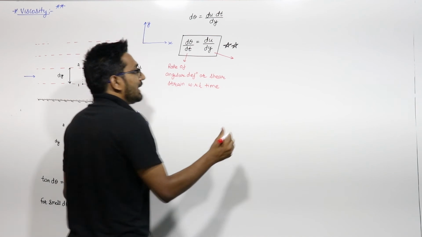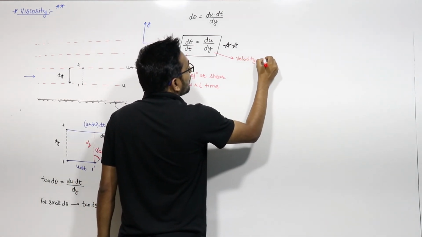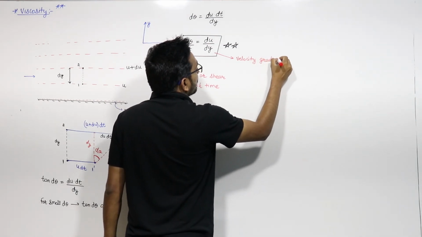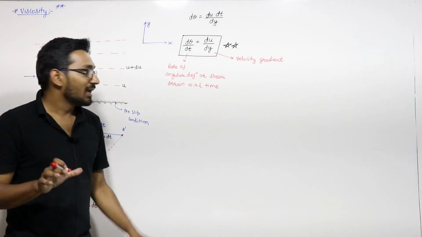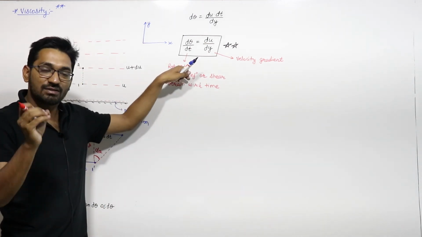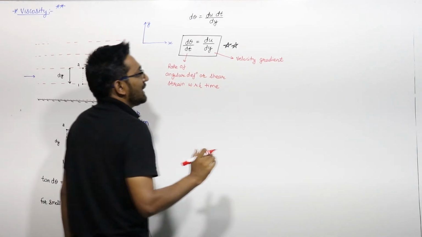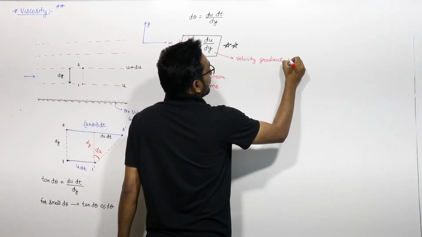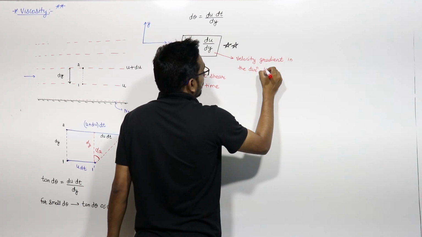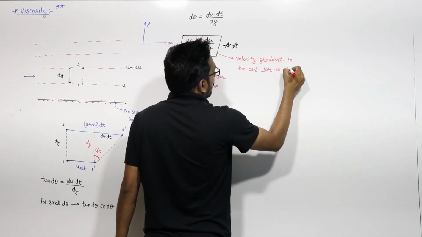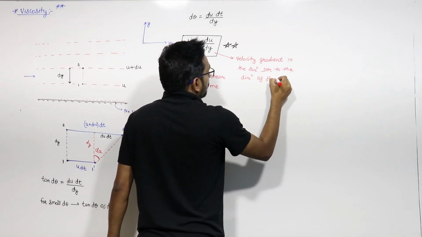So du by dy is the velocity gradient. Gradient means with respect to distance, and rate means with respect to time.